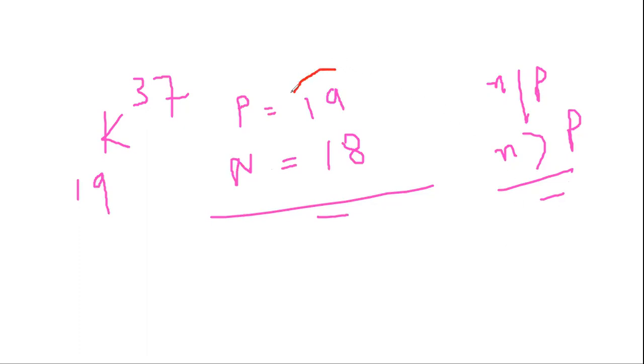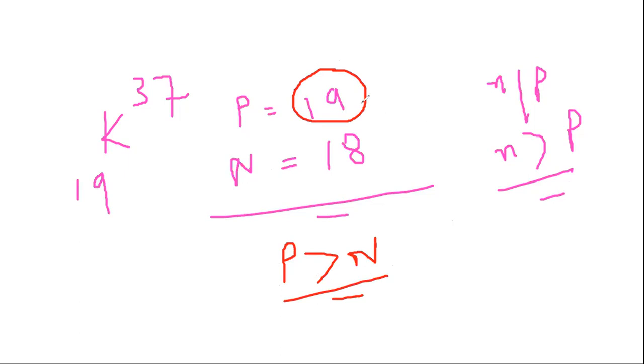Why is it special? Look at the values over here. Protons are greater than the number of neutrons, and this is the first point in the graph which I described earlier, so maybe you can watch again. Up to 20, the ratio between protons and neutrons is 1 is to 1.